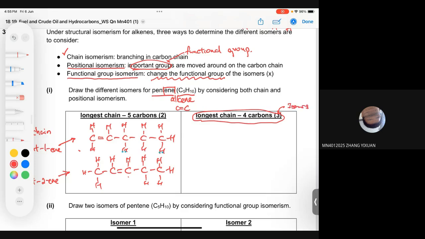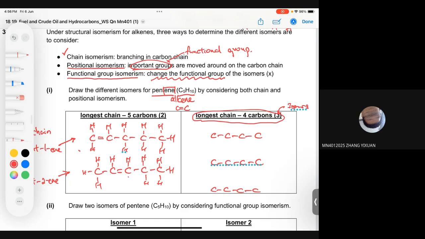Okay, so let's do this. I'm going to draw a 4 carbon chain here. One 4 carbon chain, two 4 carbon chain, and then three 4 carbon chain. Joachim, help me. I want to do a single carbon branching out.